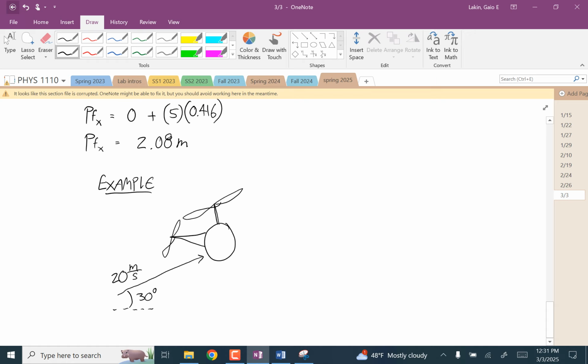And let's say that an object is dropped from the helicopter at a height of 25 meters.